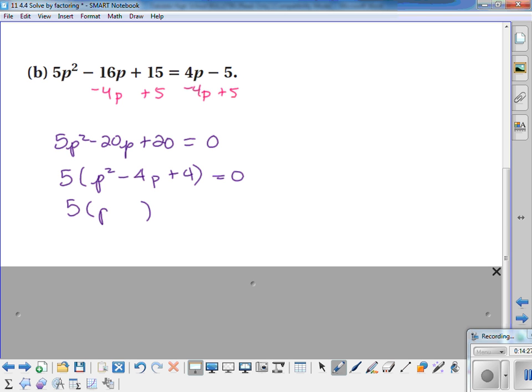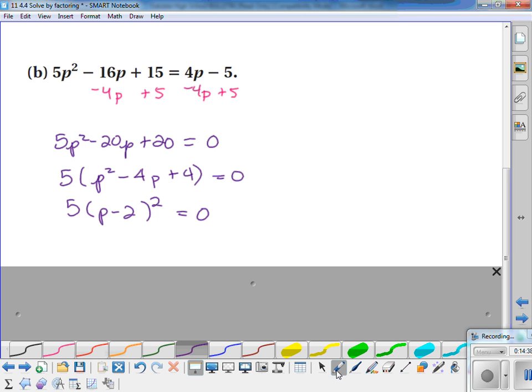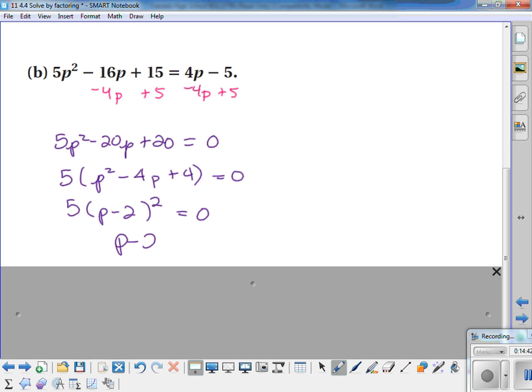It's p minus 2 squared, isn't it? You guys didn't recognize it as a perfect square? Okay, so I'm not done, so stay put. Okay, so can 5 equal 0? No, so I just ignore that. So p minus 2 has to equal 0, and so that means p equals 2.